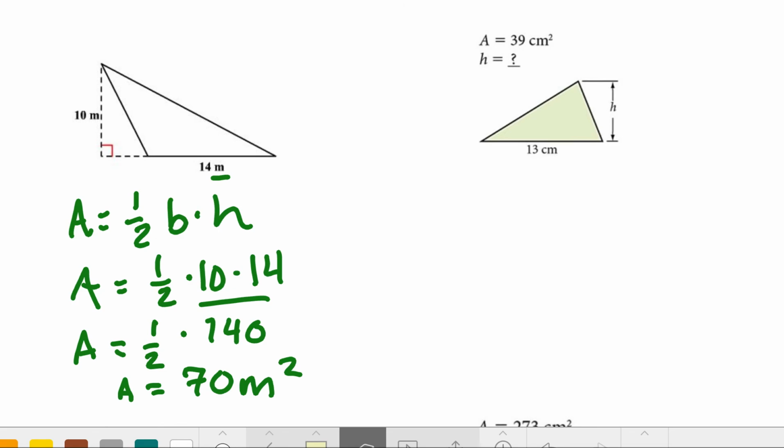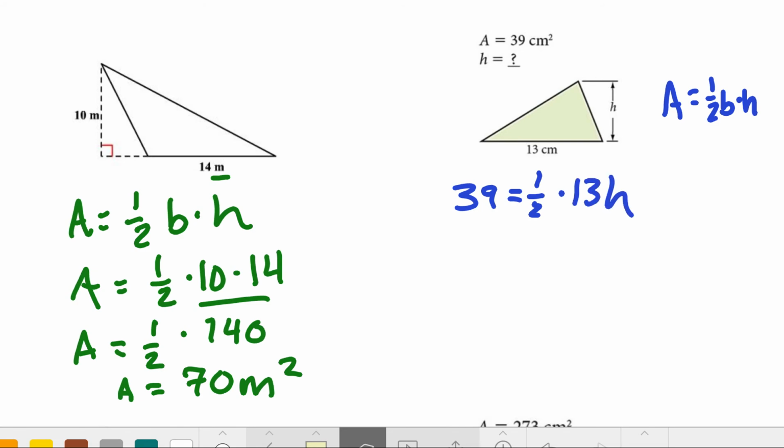Okay. So now we're going to move on to this kind of working backwards situation where I am giving you the area and you need to use that information to find the height. So if I know that the formula is area equals 1/2 base times height, and I know that the area is 39 centimeters squared, and the base is 13, and the height is the unknown.